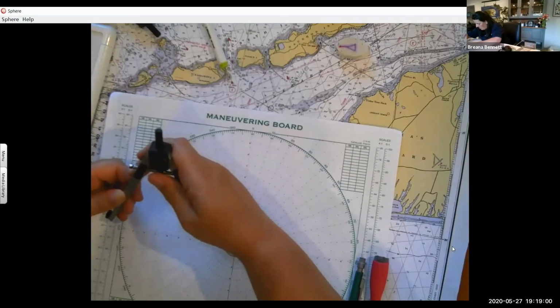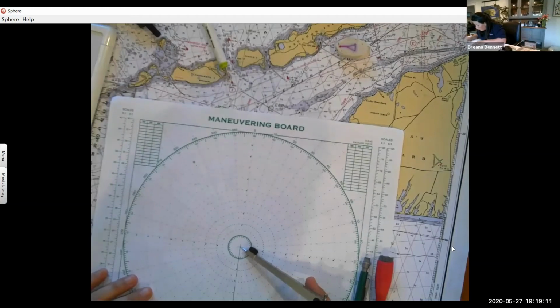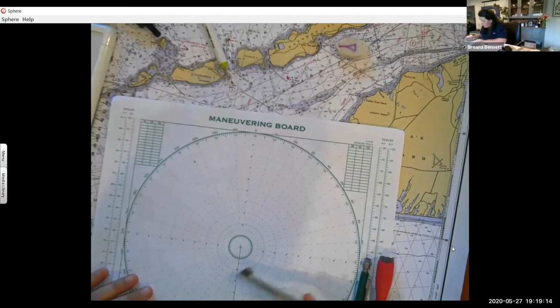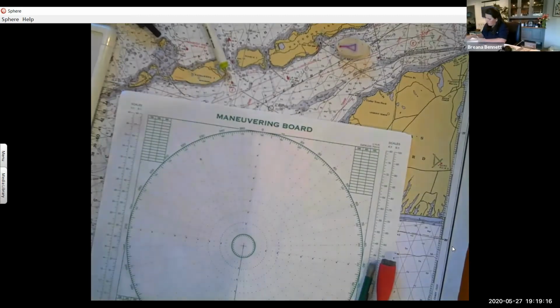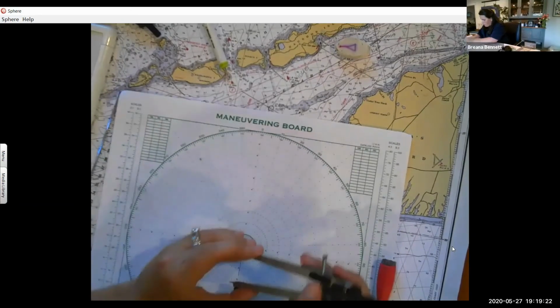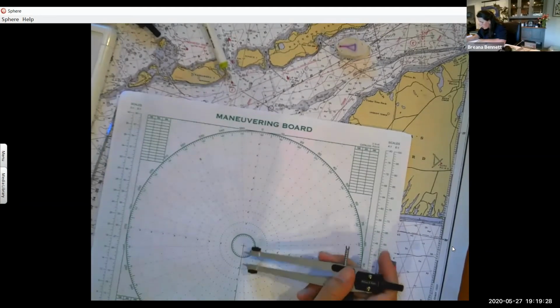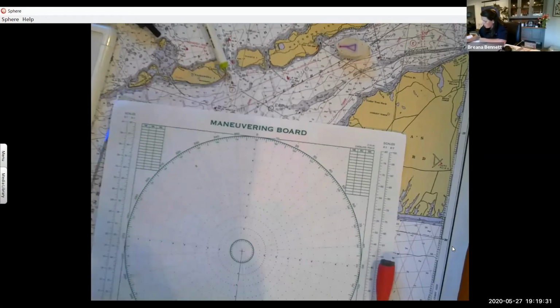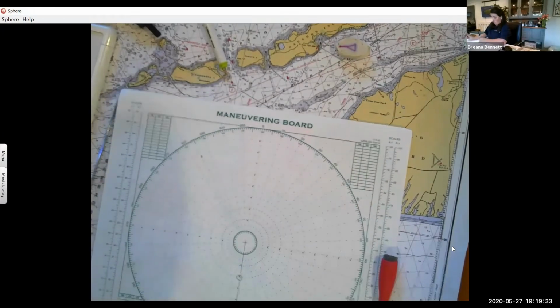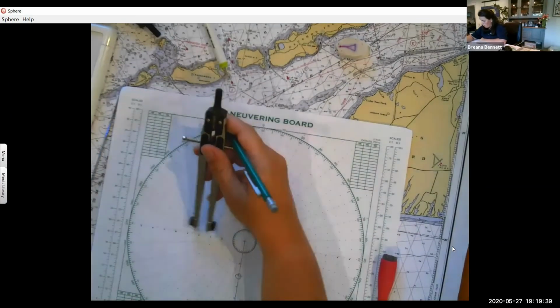So this is 10. Whatever unit we're going to use, this is 1. So we have 1, 2, 3. Okay, that is 3. I don't know why I was freaking out there. 3 knots. And then we have 2, 3, 4, 5, 6, 7, 8.